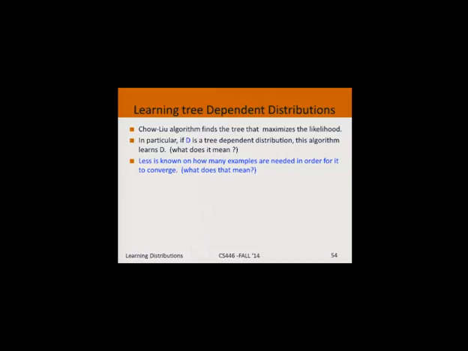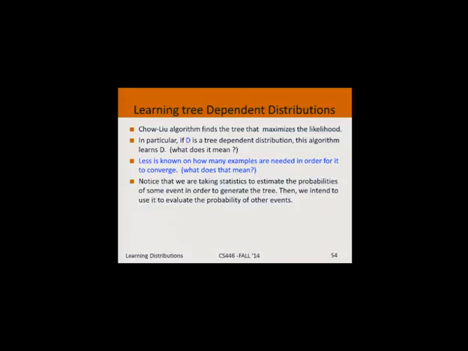There are still a lot of open problems in learning probabilistic representations. For example, very little is known on how many examples are needed in order for it to converge. And you can think a little bit about what exactly you mean when you say converge. And I just want to finish by reminding you why we are doing this, right? We're doing it because we want to be able to generalize.